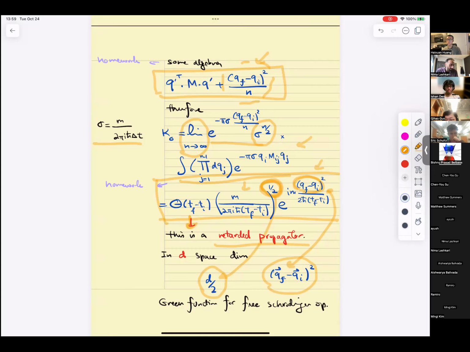No other changes happen. This retarded propagator, I want to comment again, I've said this before, is the Green's function for the free Schrodinger operator. All right? Any questions about this calculation of the free propagator?